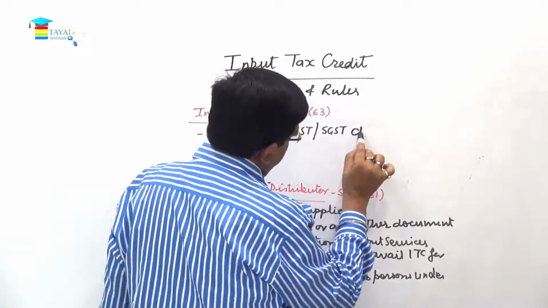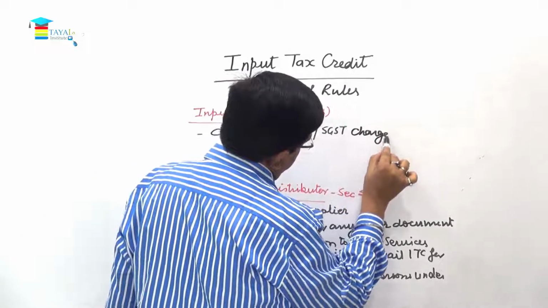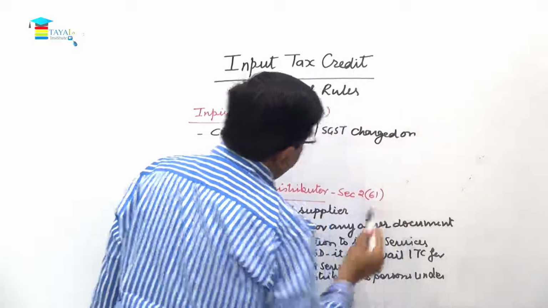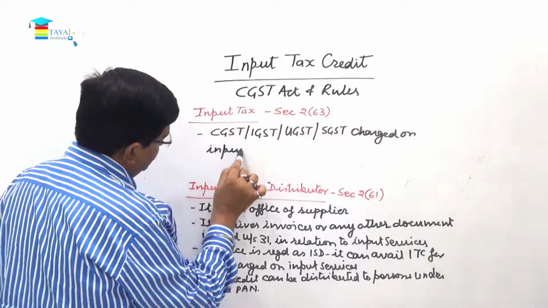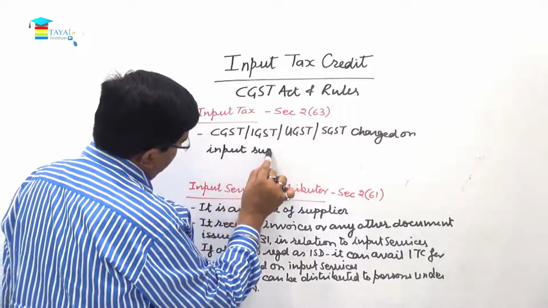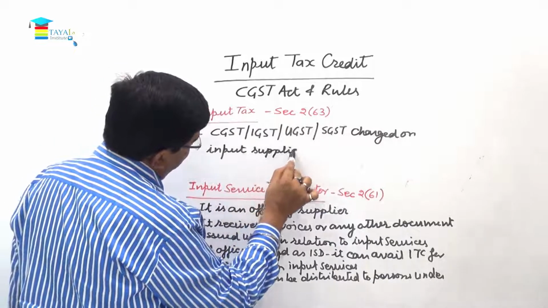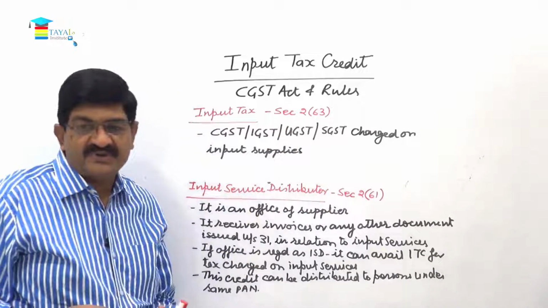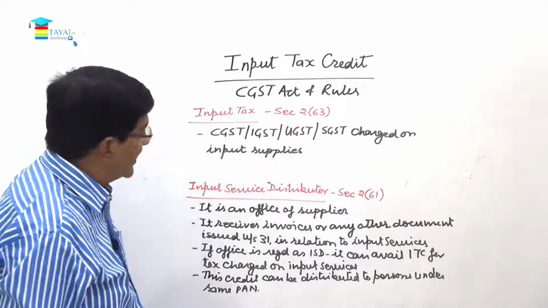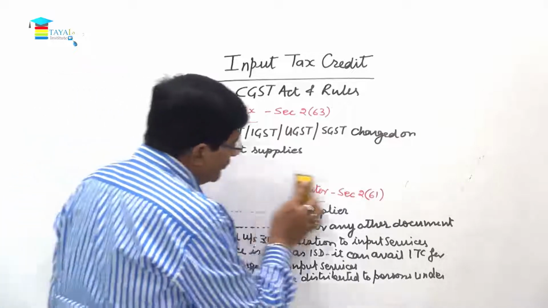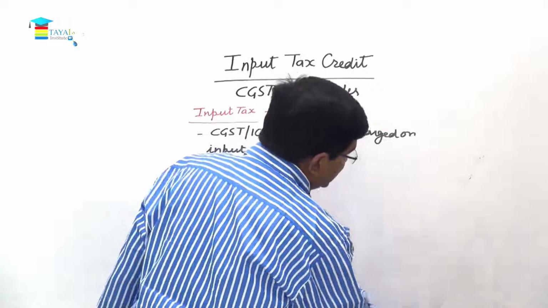charged on inward supplies, or rather input supplies. So whatever supplies are procured, whatever supplies are received, and those supplies may be in relation to goods or may be in relation to services.